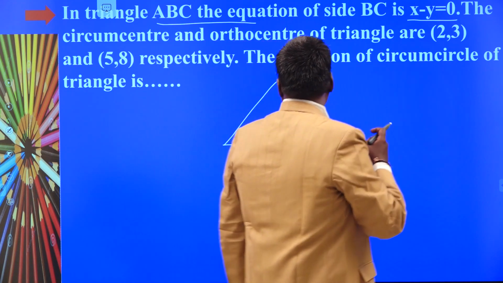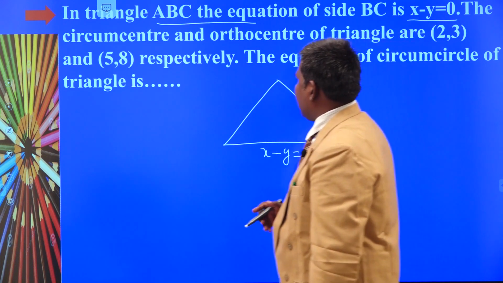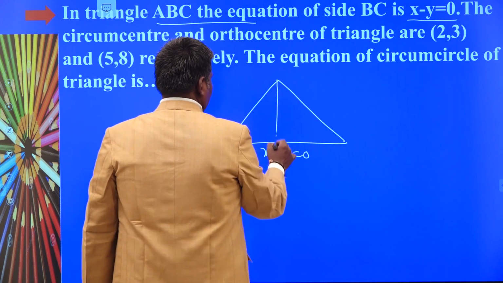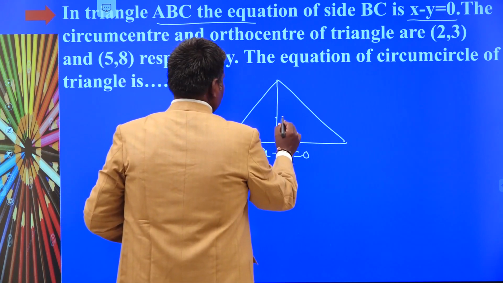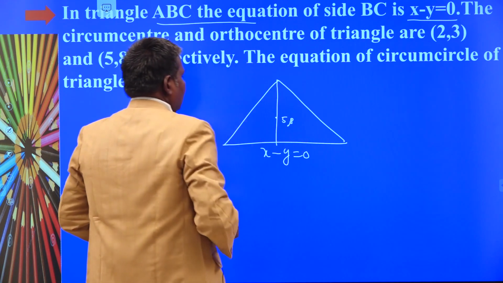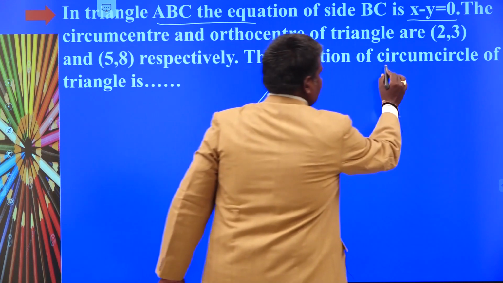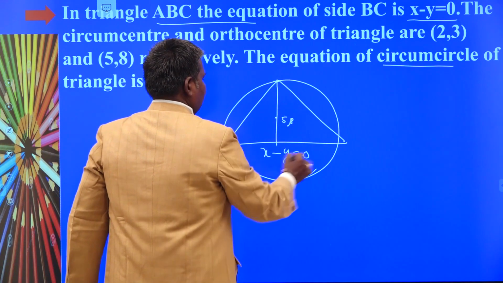The circumcenter and orthocenter of the triangle are (2, 3) and (5, 8). (2, 3) is the circumcenter, and the orthocenter is (5, 8). Then find the equation of the circumcircle of the triangle.